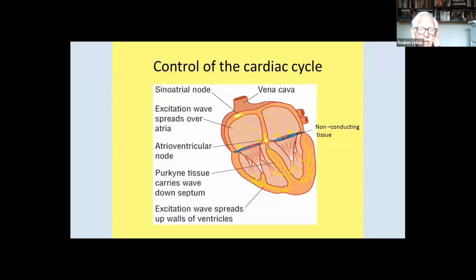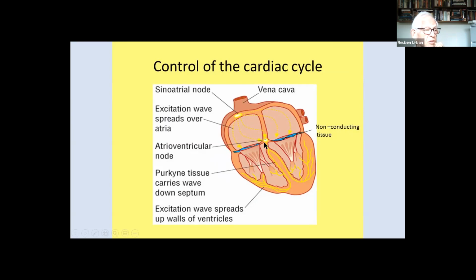So here's a diagram where you've got this blue. It's not blue, by the way, but drawn here. It's non-conducting. So the SA node here sends signals right through to the atria. They contract.